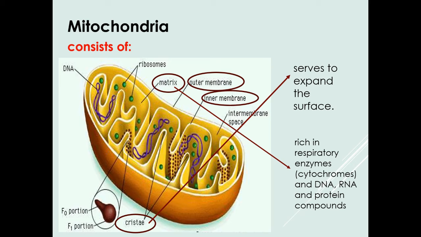The mitochondria itself consists of the matrix, outer membrane, inner membrane, cristae, F0 and F1 portions. The cristae is used to expand the surface, and the matrix is rich in respiratory enzymes or cytochromes and DNA, RNA, and protein compounds.